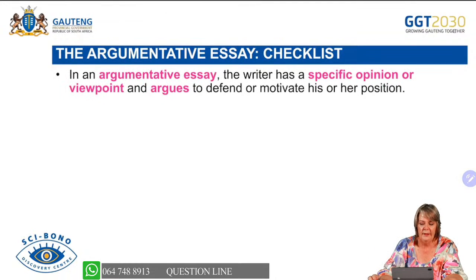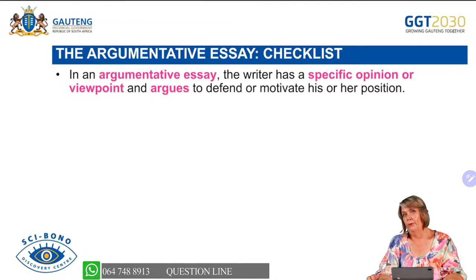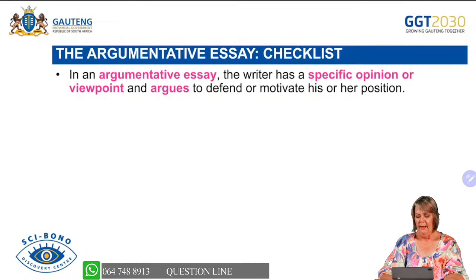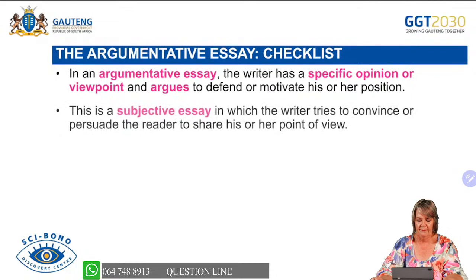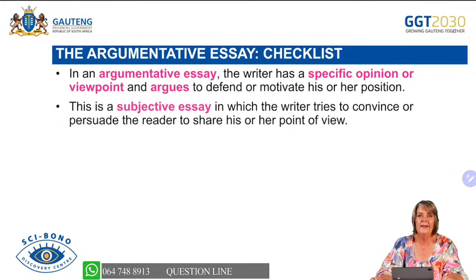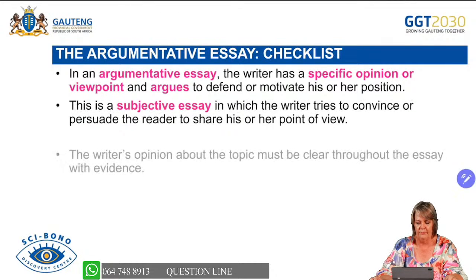In an argumentative essay, now we're moving on to the argumentative one, the writer has a specific opinion or viewpoint and argues to defend or motivate his or her position. This is also a subjective essay in which the writer tries to convince or persuade the reader to share his or her point of view.